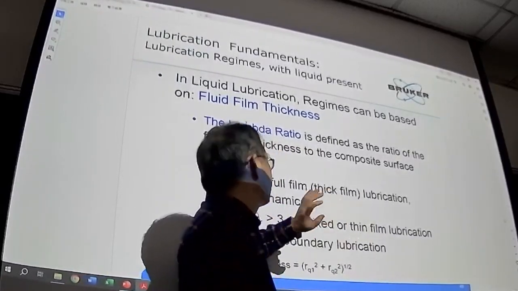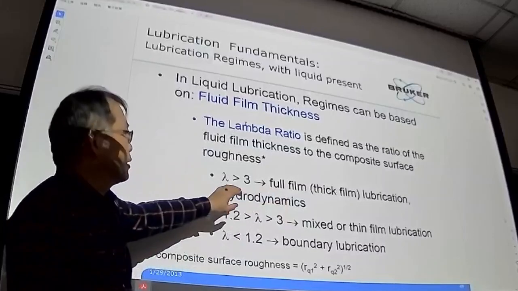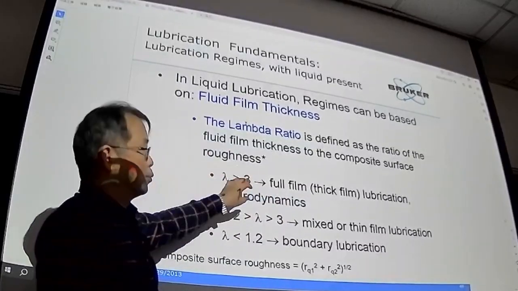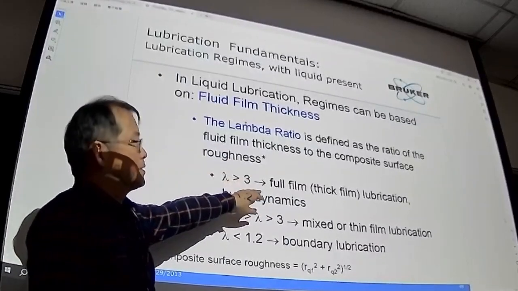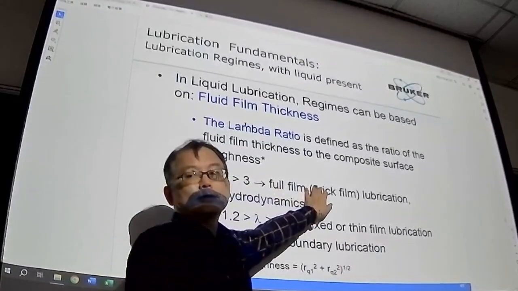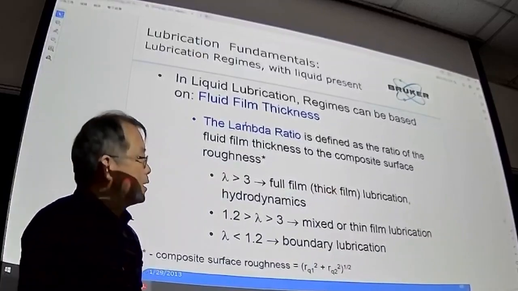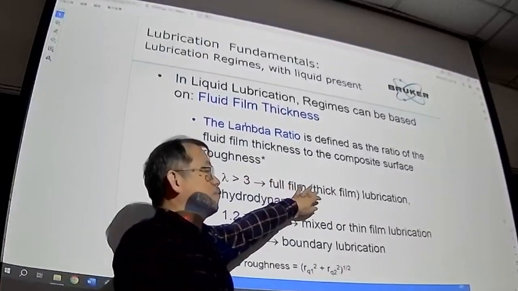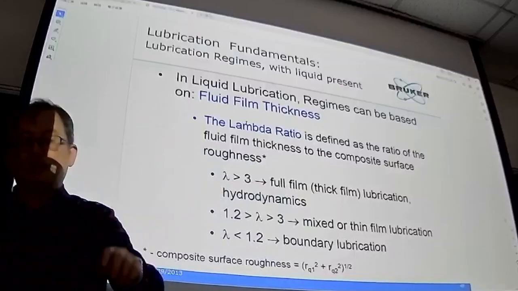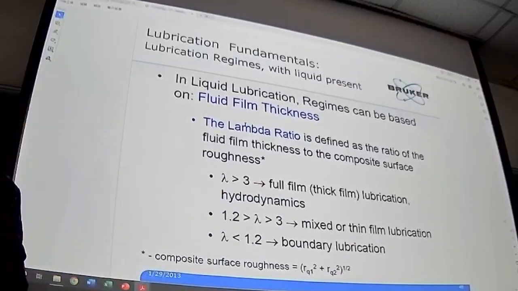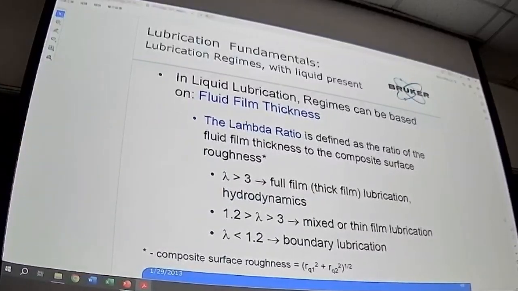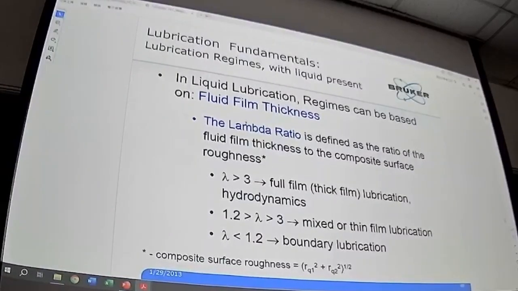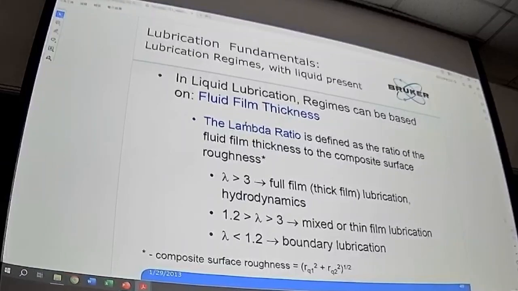When lambda is greater than 3, it is called hydrodynamic lubrication, a thick film lubrication, which means the tribo pair doesn't have any physical contact between the surfaces.